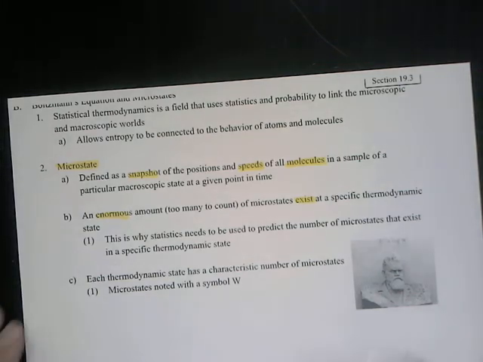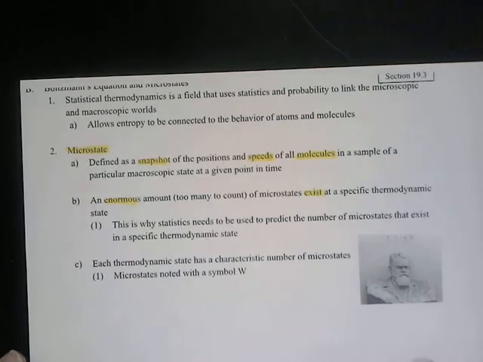A pretty ingenious thing used with stats. Again, these microstates are very small pictures of how an atom or molecule or a compound is at one particular time. You tie all of those microstates together and you're able to get an explanation or a whole picture of what is happening.